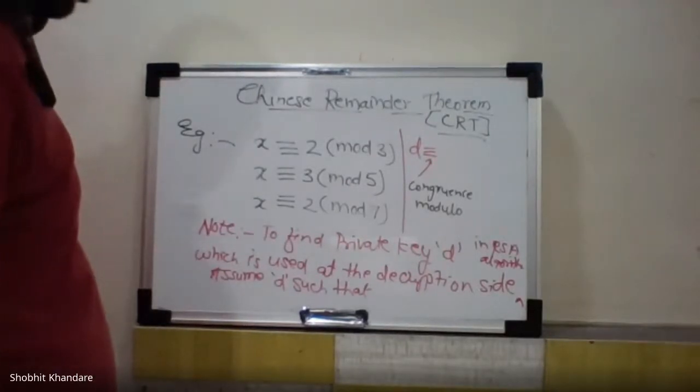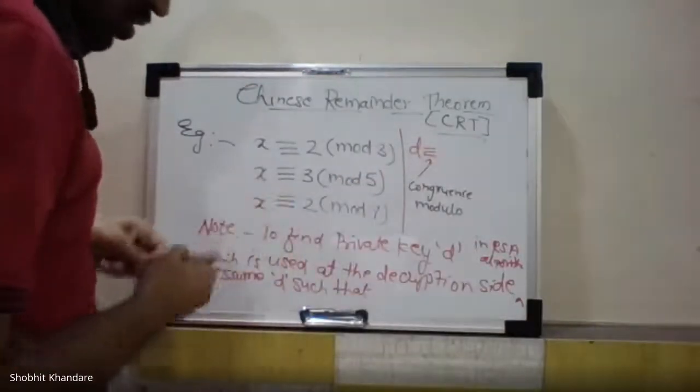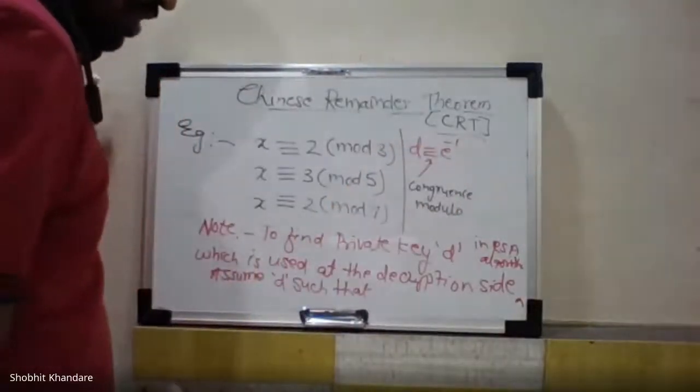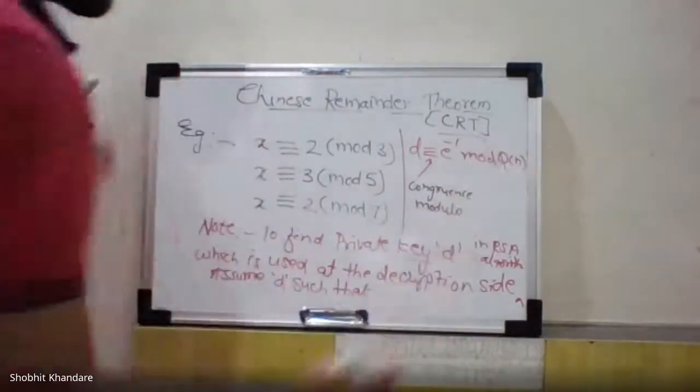Congruence modulo such that d is congruent to e to the power of -1 mod phi of n.